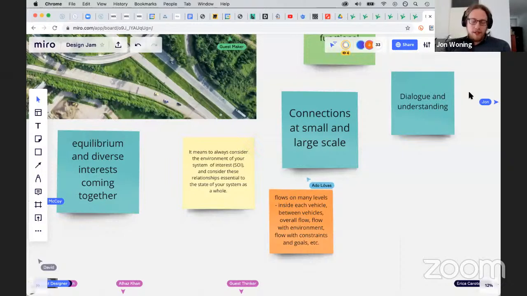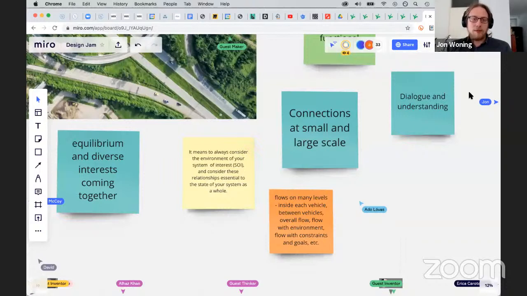Yeah, I mean, in the end, we are limited human beings, right? So at some point you have to draw a line, but that doesn't mean that you shouldn't consider what's on the other side of the line. It's always necessary to, even if you say, well, I'm going to design the healthcare system in a specific country, you can always still connect it to different systems that it's dependent on, or at least consider its most important connections to its environment.